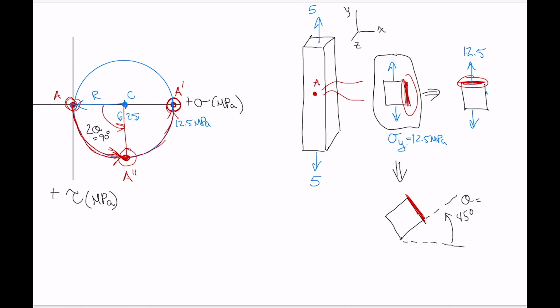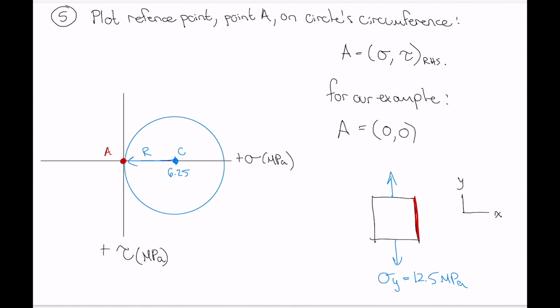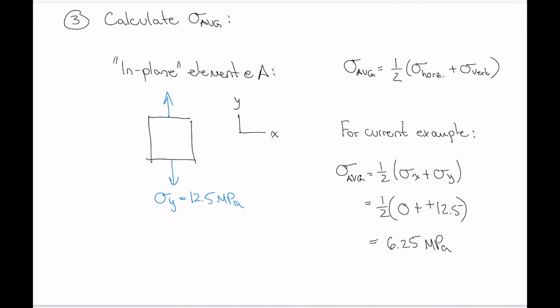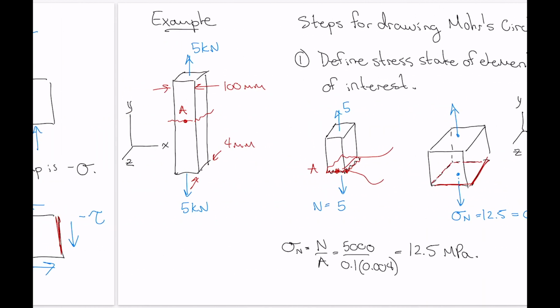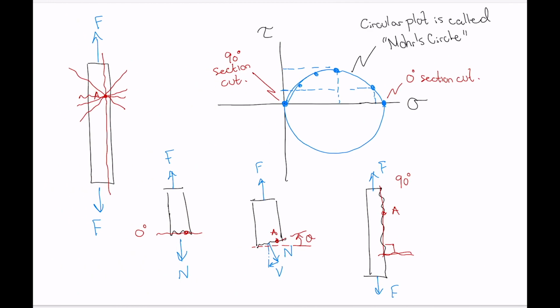If we go back to the very start of this lecture, you'll remember that when we changed our section cut from 0 degrees to 90 degrees, we went from one side of the circle all the way to the other side.